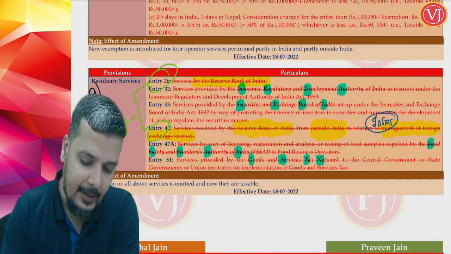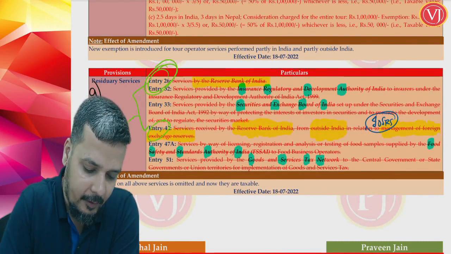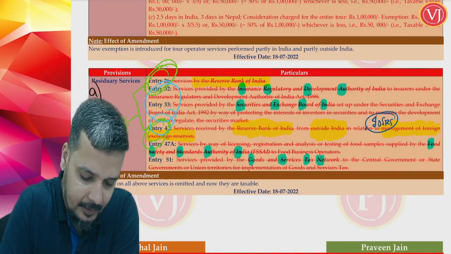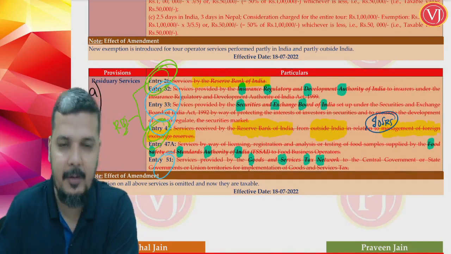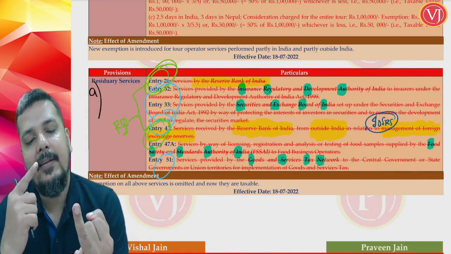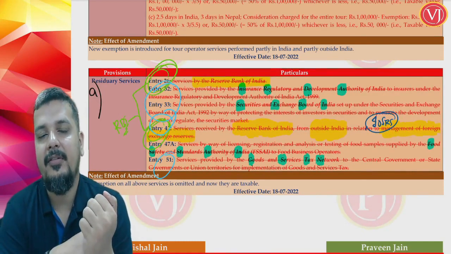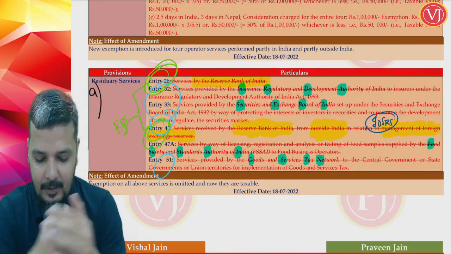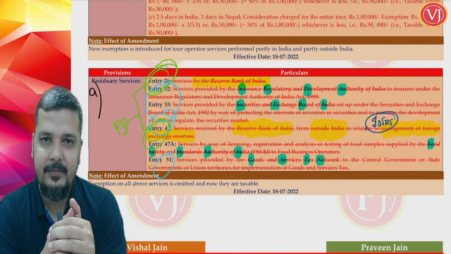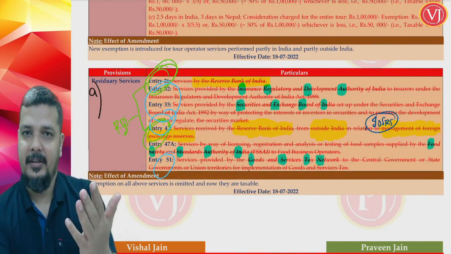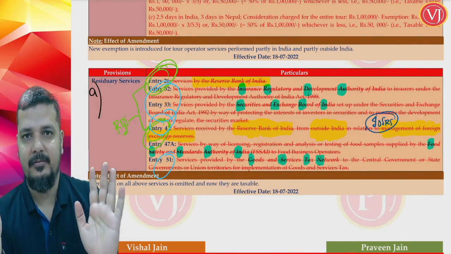So entries 26 and 42 are all related to RBI. Entries 32, 33, 41 and 51 talk about IRDA, SEBI, FSSAI, and GST Network. Previously they were all exempt, now they are all taxable. Look at it this way: for RBI, services by RBI are taxable, services received by RBI are taxable, nothing is exempt.